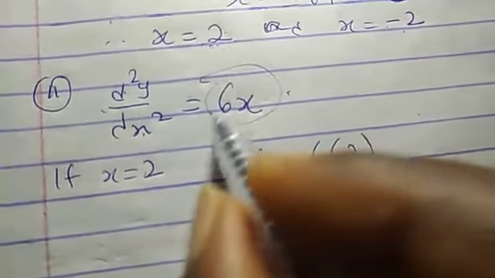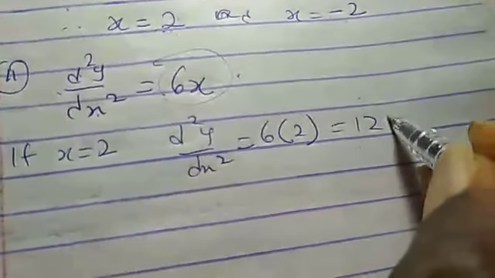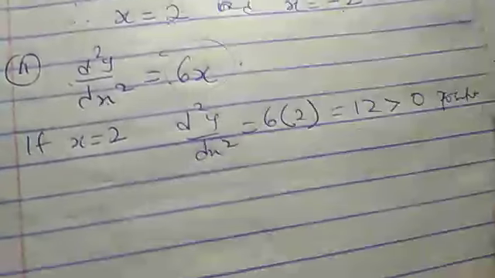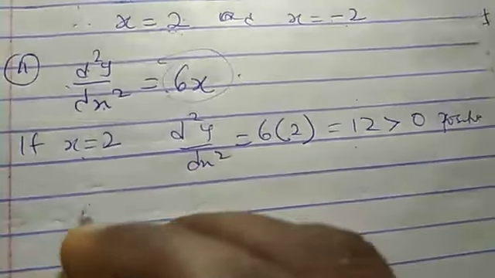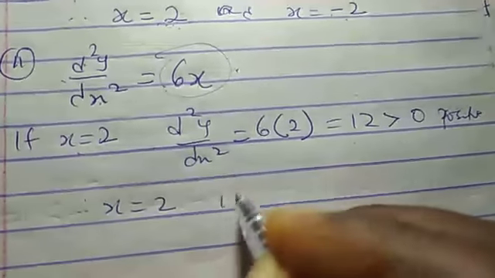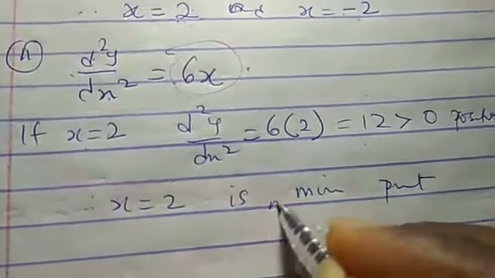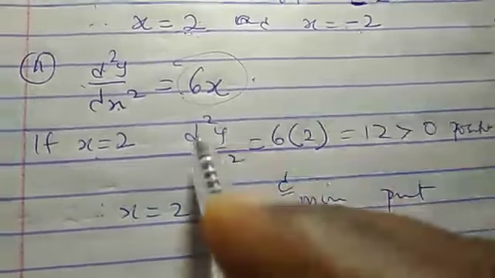We put s to be 2, and that is 12. You see that it is greater than 0, or we say that it's positive. And we say that if the value is positive, therefore that stationary point s is equal to 2 is the minimum point, because the second derivative gives me positive.